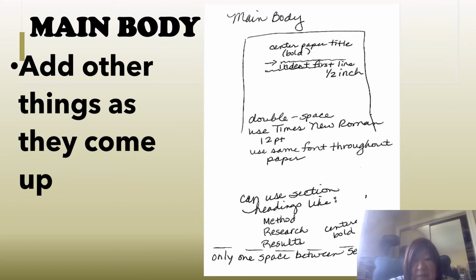Okay, and then as you go on, you're going to indent your first line, double space, Times New Roman. You can use section headings, like if you want to say statistics, and then list the statistics, and then research or whatever. The one thing that the 7th edition does have that's different than the 6th edition of APA style is the very bottom line, only one space between sentences.